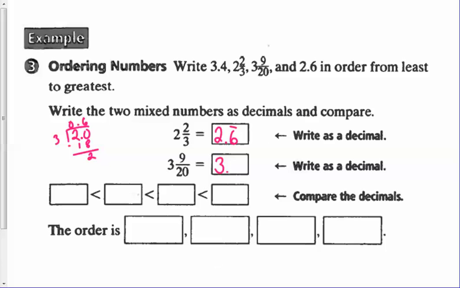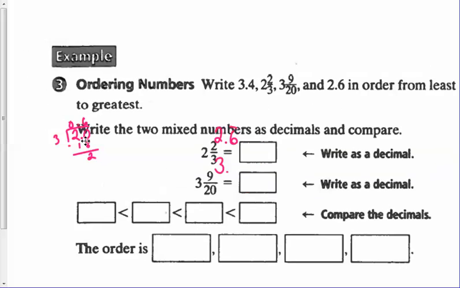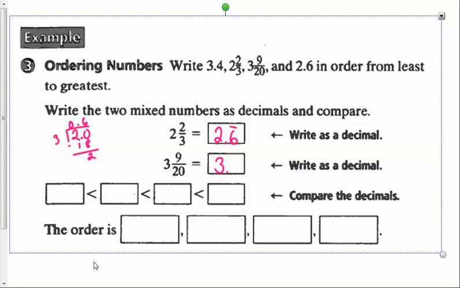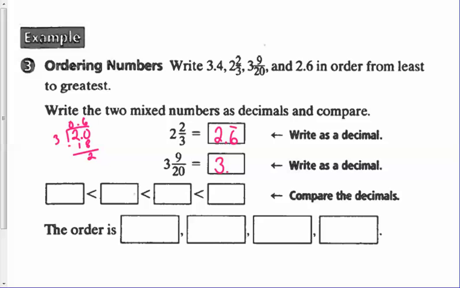Let me erase my work right here and start again with 9 divided by 20. So 9 divided by 20. 20 doesn't go into 9, so it's 0, and I add my decimal point.